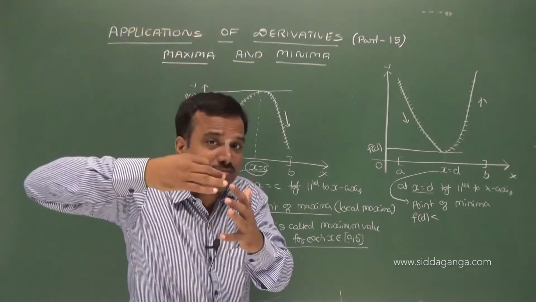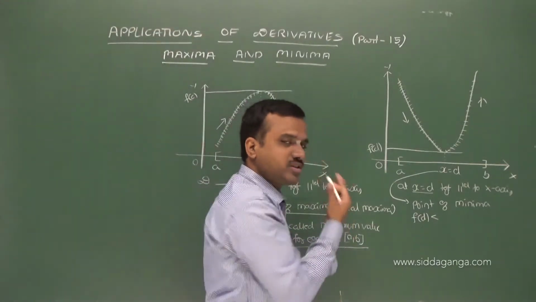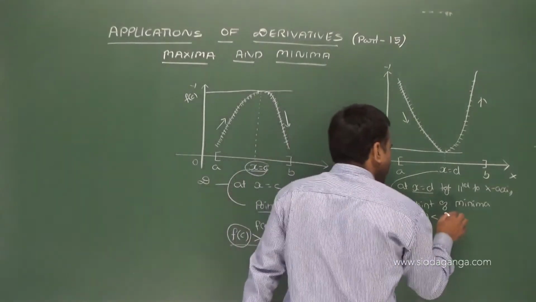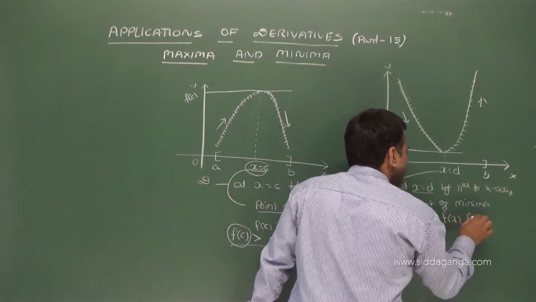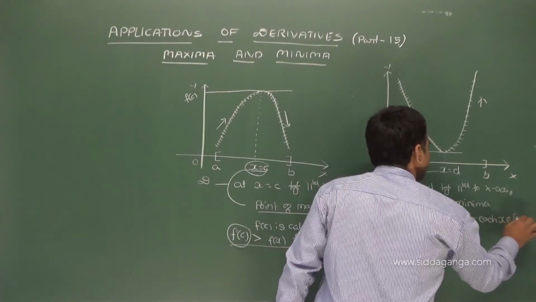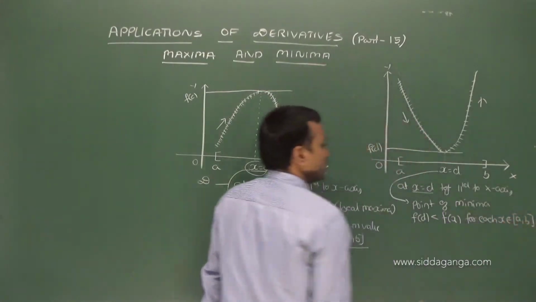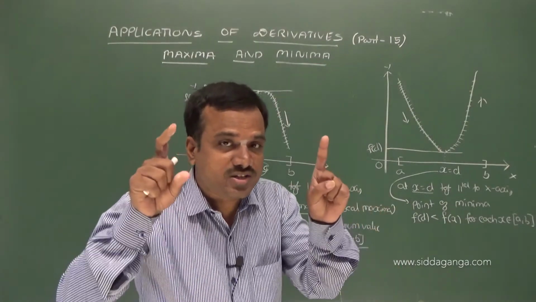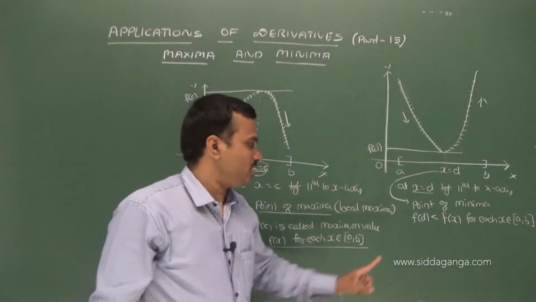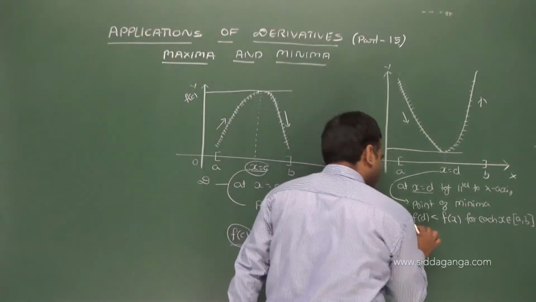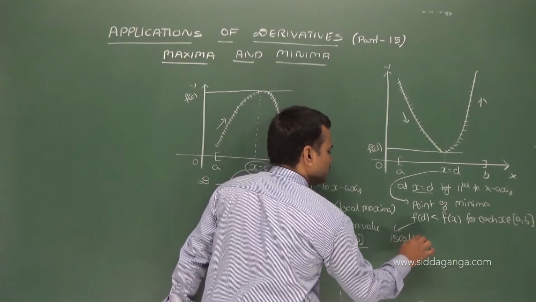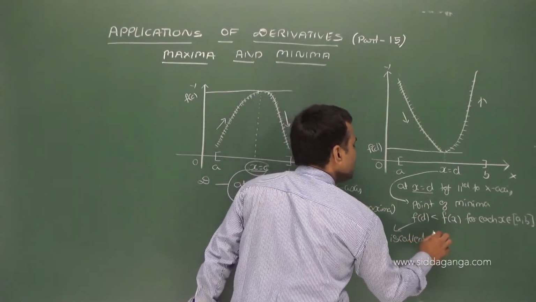Maxima, highest value. Minima, least value. The word says minima means least value. F of d is always less than f of x for each x belongs to the closed interval a comma b. It means the curve is continuous on the closed interval a comma b and differentiable on the open interval a comma b. This f of d is called the minimum value.